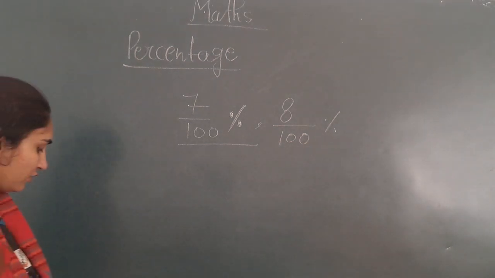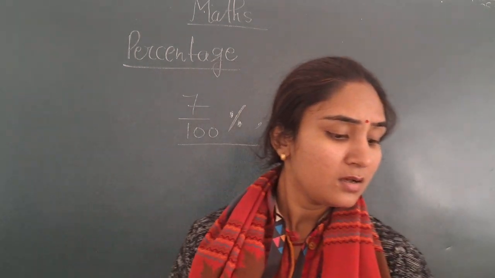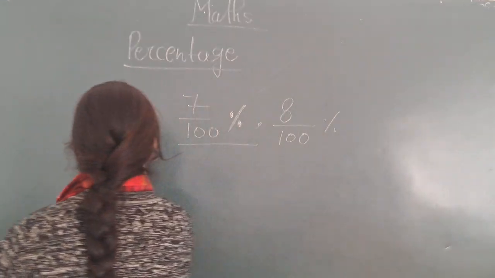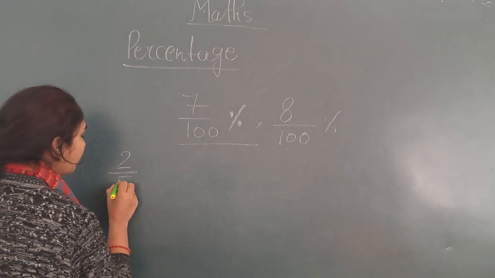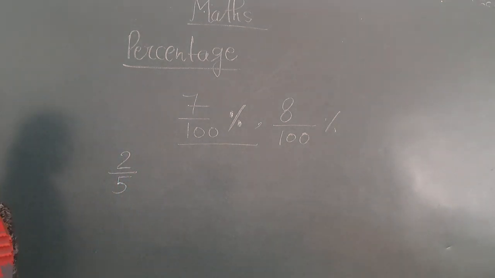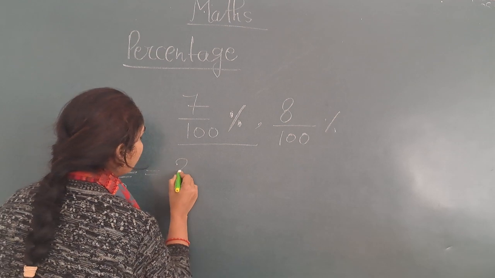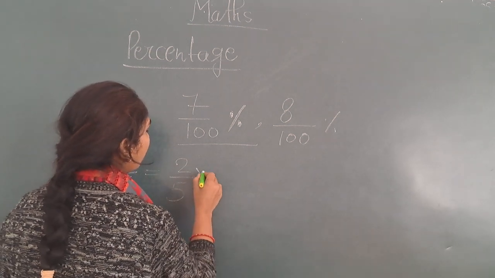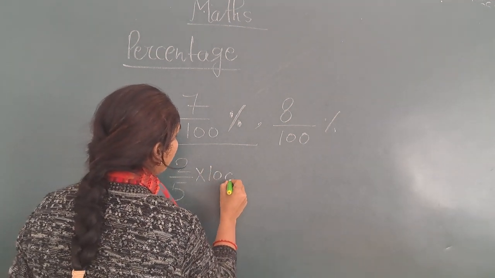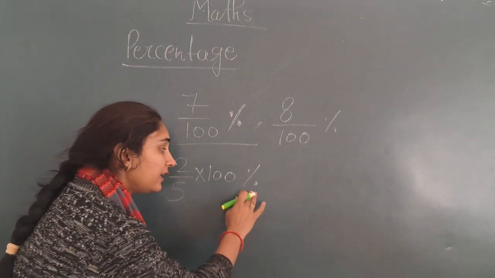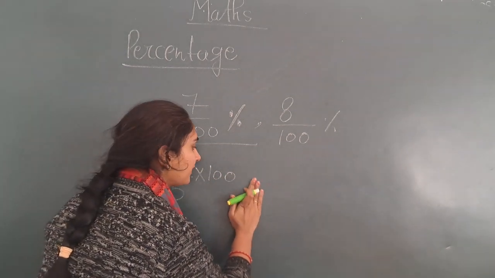So, if we have to express a fraction as a percent, say I have the number 2 upon 5 and I have to express it in percentage form, then I will multiply by 100%. Where will the sign of percentage come from?